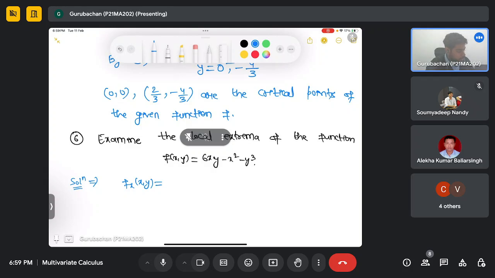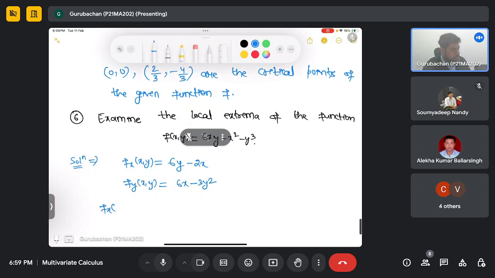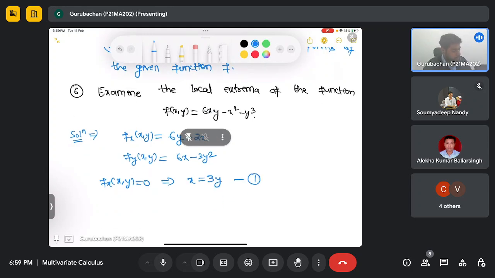Partial derivative of f with respect to x will be 6y minus 2x, and fy at (x, y) will be 6x minus 3y square. So we will put these values equal to 0, and from the first we can get x is equal to 3y. I'm skipping one step. You can see it. And fy at (x, y) equal to 0. I'm again writing 1 and 2 because it is a different question, so I hope you can manage that.